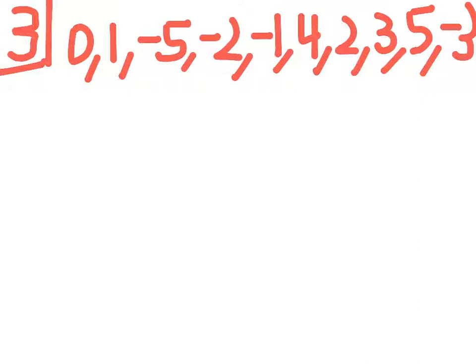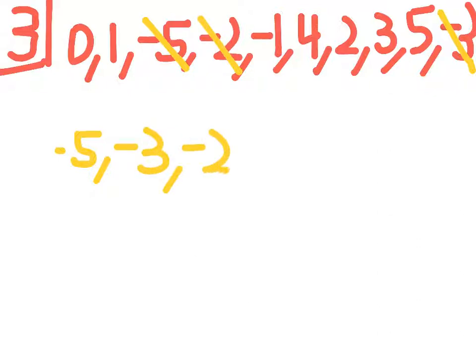So I'm going to start with the largest negative numbers. The largest negative number is -5. That would be my least. Next biggest negative is -3. Next largest negative, -2, -1. So the bigger the negative, the smaller that it is.